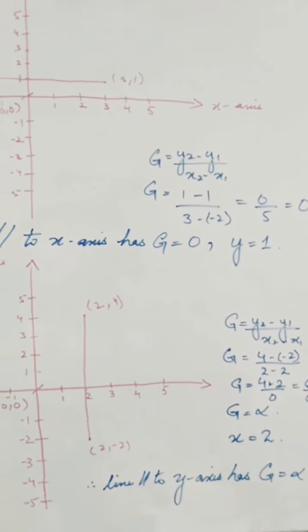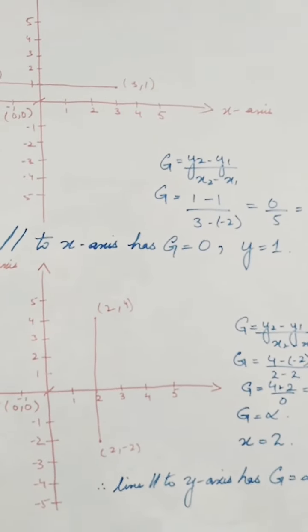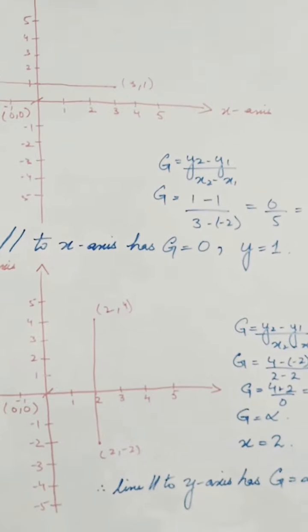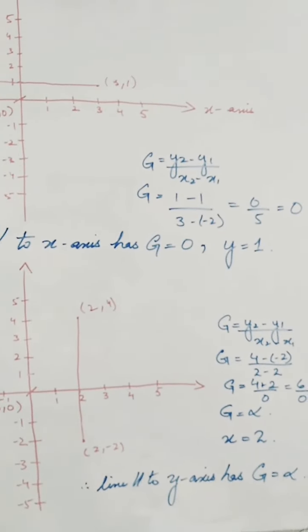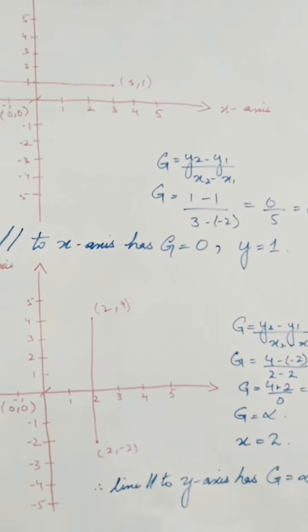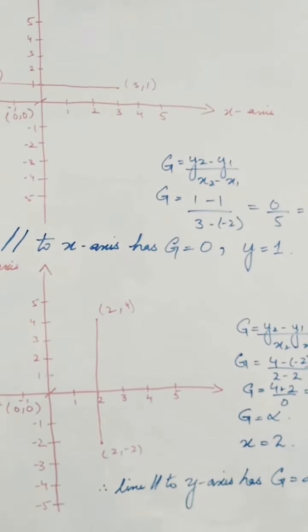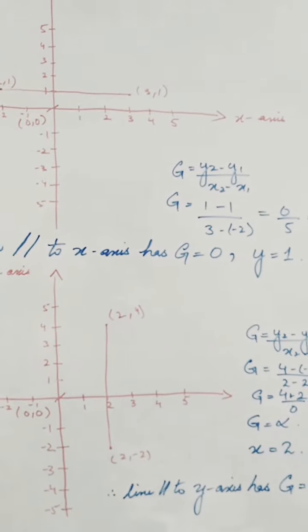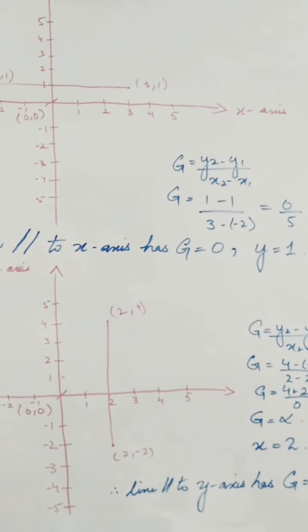So the gradient of the line passing through the x-axis, or you can say the gradient of the line parallel to the y-axis, is infinite. And this line is x equals 2, because for all the values of y, x remains 2.